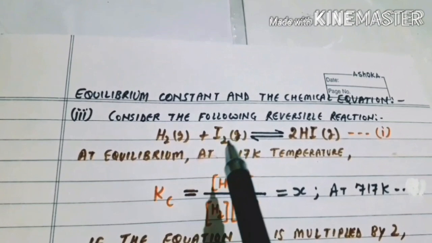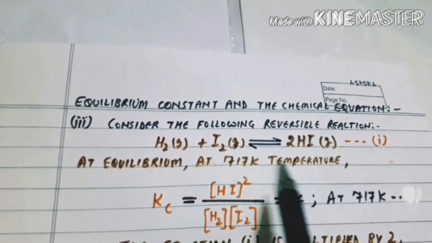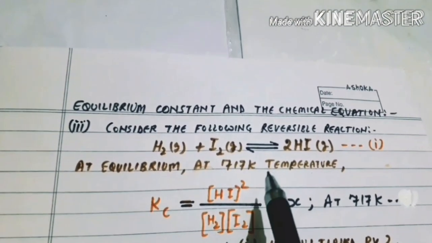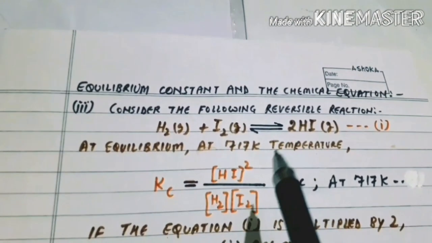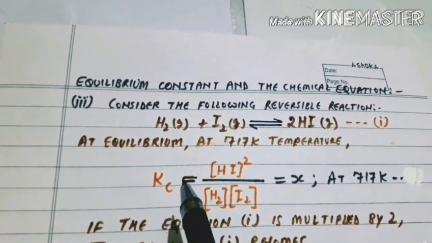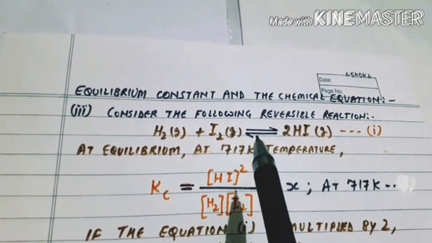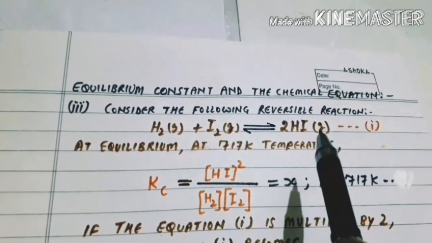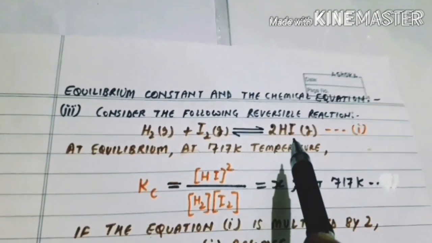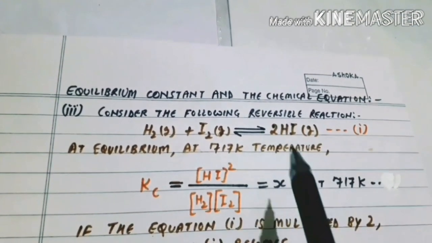So consider that this reaction proceeds in a closed vessel at constant temperature, that is at 717 Kelvin. So at dynamic equilibrium, the equilibrium constant for the reaction in the forward direction is given by Kc with respect to balanced chemical equation 1 of the reversible reaction.